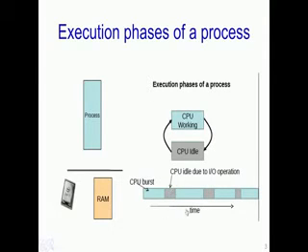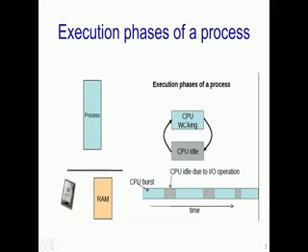Thus, over time, a particular process would have some amount of CPU burst in which it would execute instructions on the processor, then it would have some idle time in which it is waiting for an I/O operation, then there would be a burst of CPU time and so on. Thus, there is always this interleaving between CPU bursts and idle time, that is waiting for an operation.